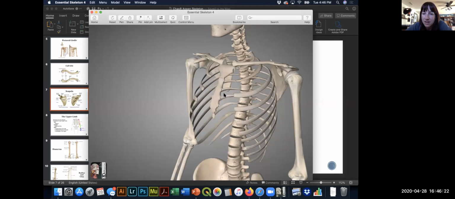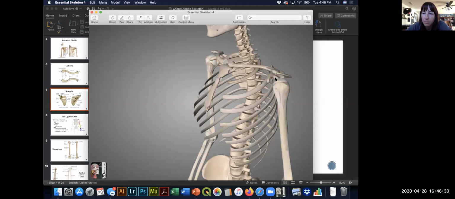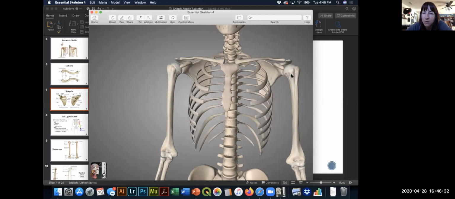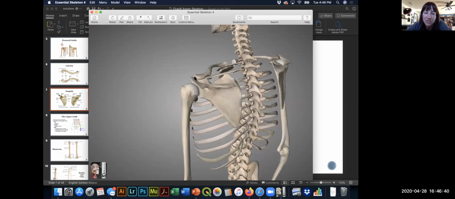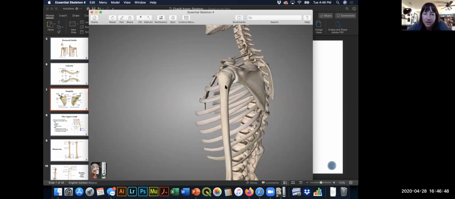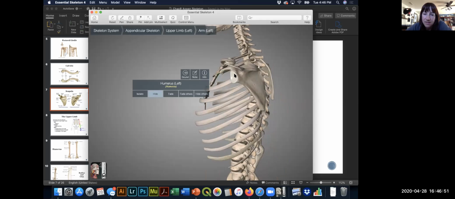The other weird process there is the coracoid process, okay, which is going to be here. It's going to be anterior and inferior to the acromion process, but really just if you can remember that the acromion process is the one that interacts with the clavicle and is associated with the spine, then you know that the other one is the coracoid process. And then the last thing is this glenoid cavity right here. Those are the markings that I have here.